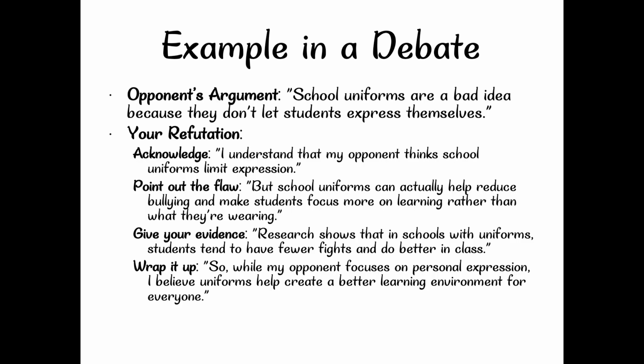First thing is I should acknowledge. I understand that my opponent thinks school uniforms limit expression. But school uniforms can actually help reduce bullying and make students focus more on learning rather than what they are wearing. Research shows that in schools with uniforms, students tend to have fewer fights and do better in class.